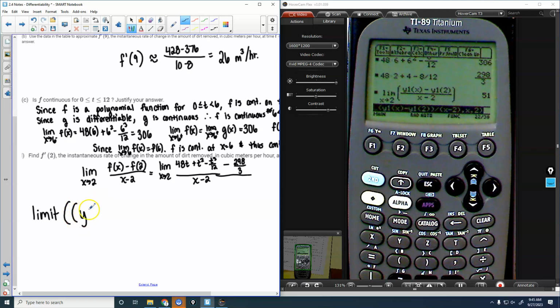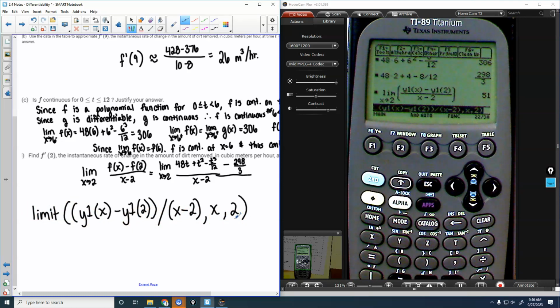I did y1 of x minus y1 of 2 divided by x minus 2, comma x comma 2, close your parentheses. What I just wrote here, I wrote on the screen for you guys to see for being able to type it into the calculator.